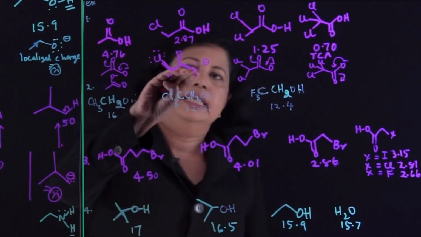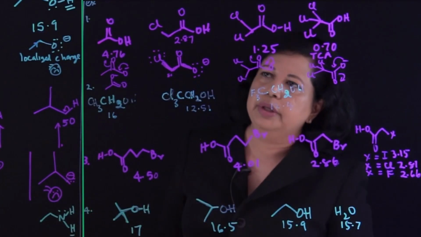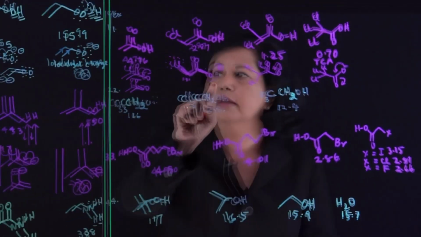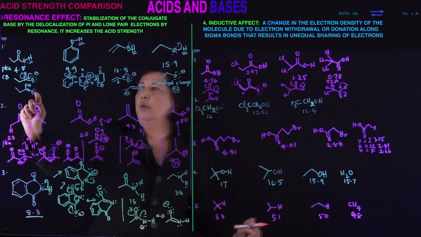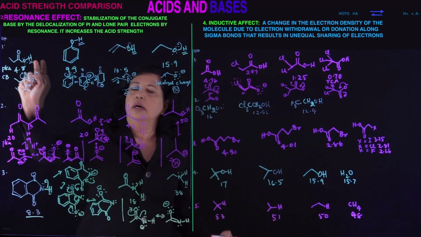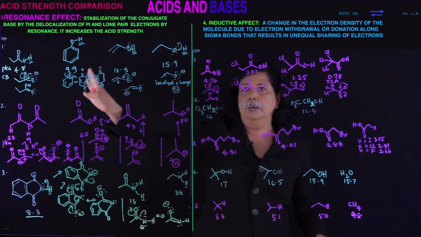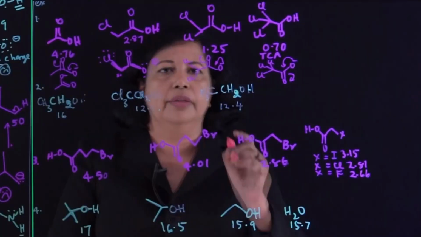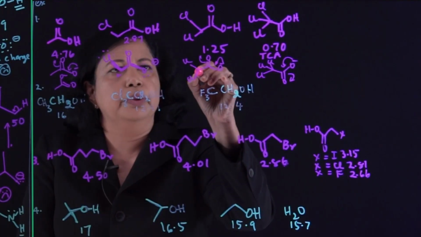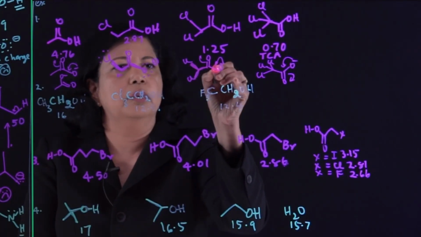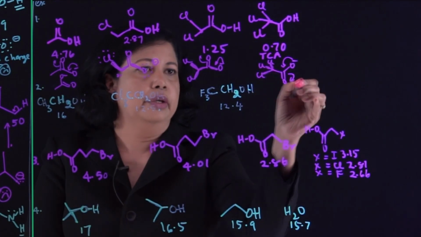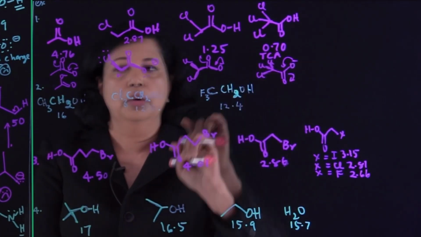Once your electron density is distributed here, that would stabilize the anion to some extent. Again, it's not as good as putting a whole charge on a resonance, but still it's pretty good. It's better than nothing. Here we've got two of them doing the same thing, so you're having a tug of war here, and there you go. You're getting three of them here, so it's dropping even more.